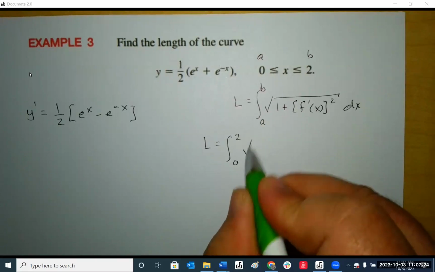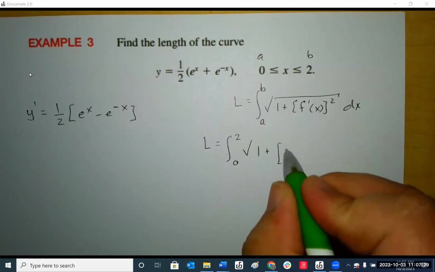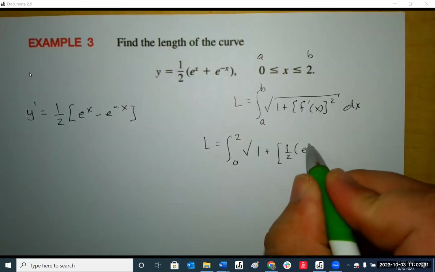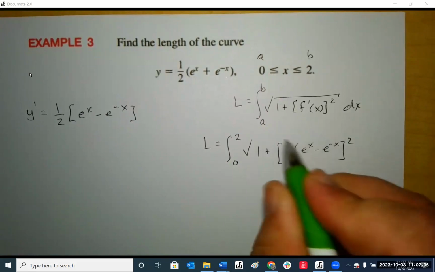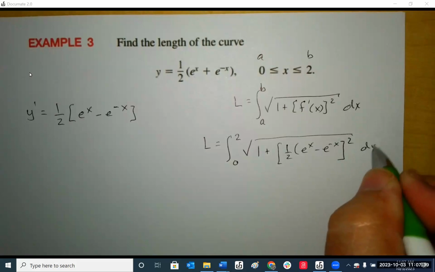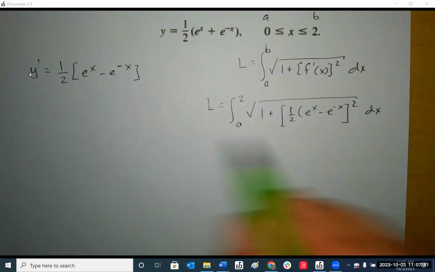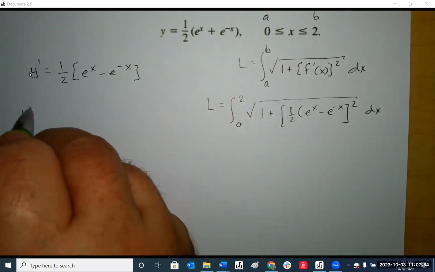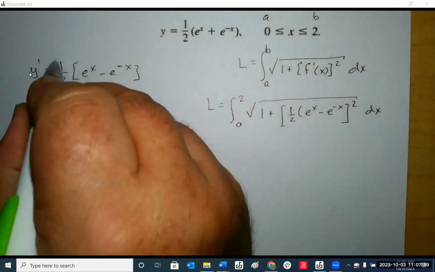So from 0 to 2, 1 plus (1/2 (e to the x minus e to the negative x)) squared dx. So we square this now.